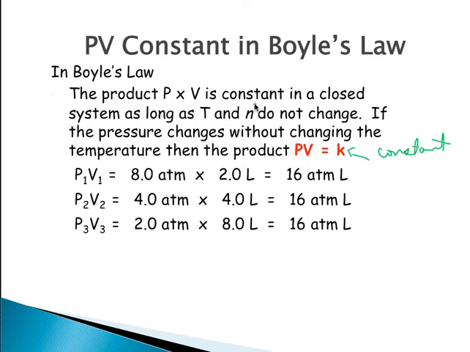Two important things to note: temperature and n, being really related to number of particles, in reality is something called moles. Okay, those do not change for the sample. So hopefully you can see pressure times volume is equal to a constant.